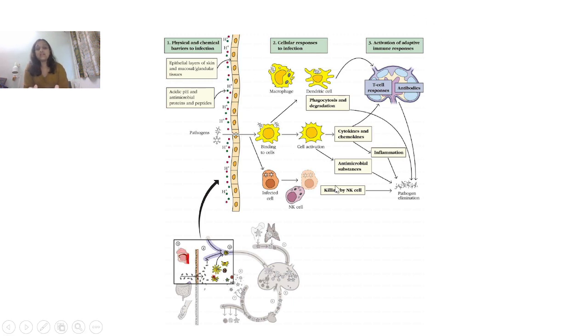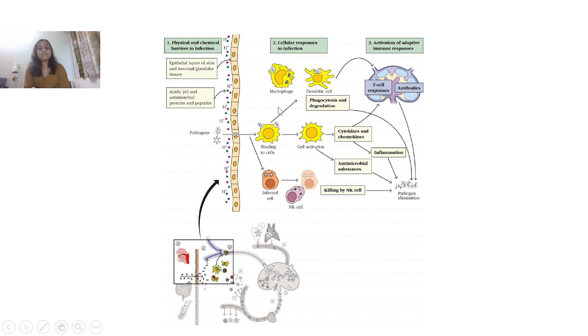But after entering, the second barrier comes into the picture: the different cells of our innate immune system, like the macrophage, dendritic cell, and natural killer cell. There are receptors present on these cells which bind to these pathogens.